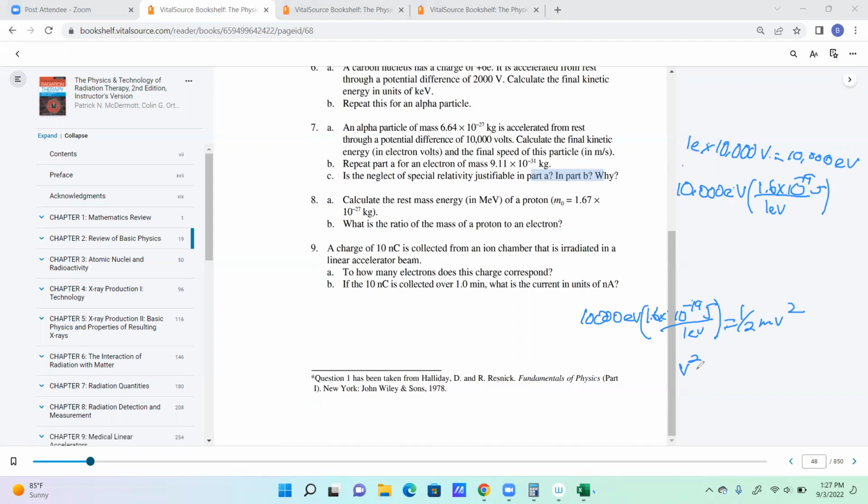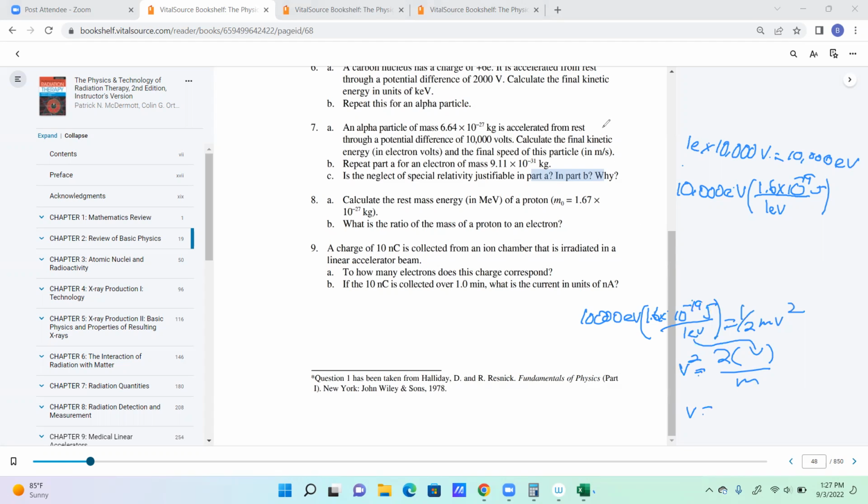Solving gives v squared is equal to 2 times this energy divided by the mass, and then the velocity is going to end up being the square root of that.